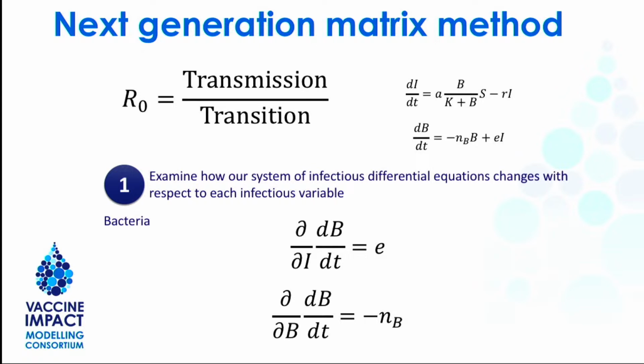So this tells us if we increased the number of infected people by 1, our rate of growth over time of the bacteria compartment would increase by E. Yes. And this is telling us if we increased our concentration of bacteria by 1, it would change the rate, or dB by dt, by minus NB.